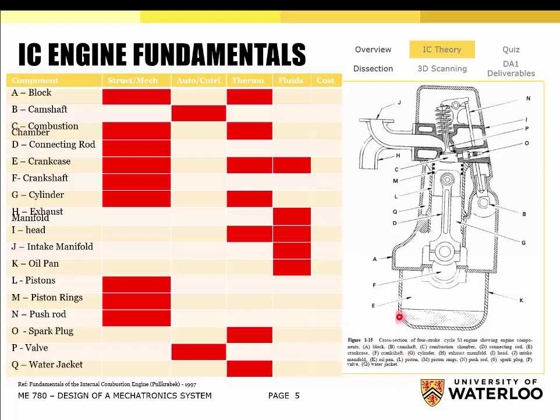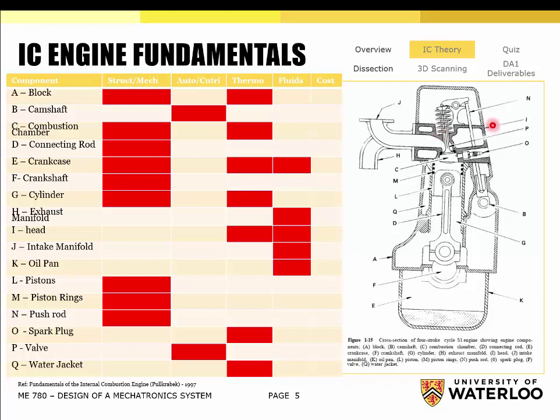I is the cylinder head here. So I is this one right here. So this darker crosshatch area. And what that does is it houses all of the valve train components, the springs, the valves, the rocker arms, and all the covers and assemblies and stuff that effectively allow the gas exchange process to occur.